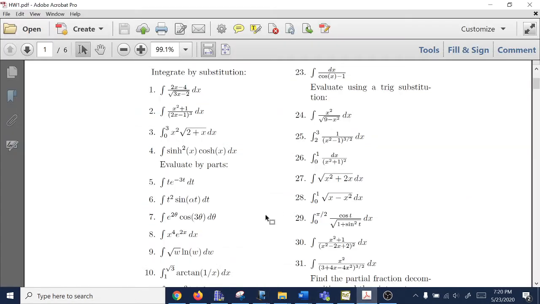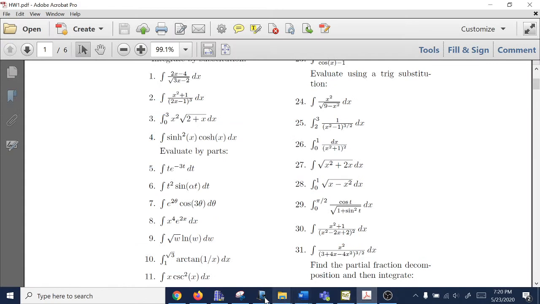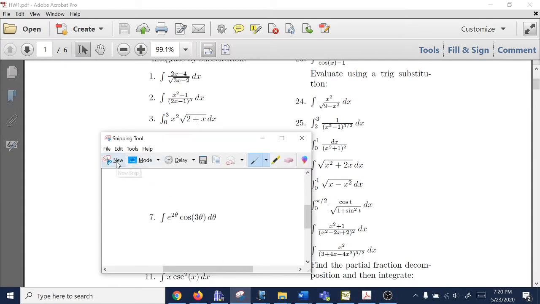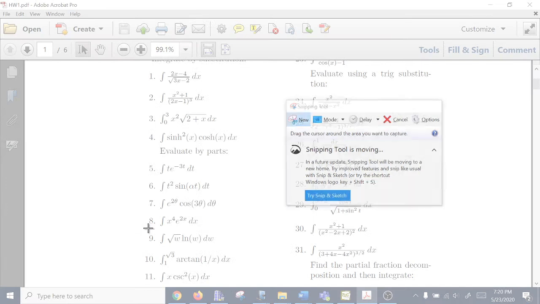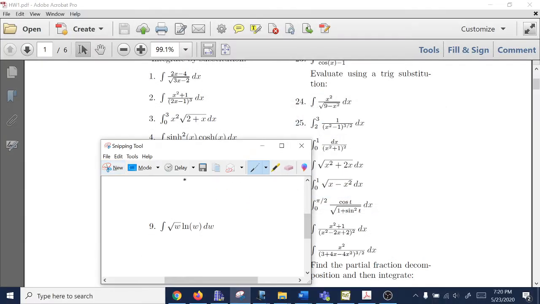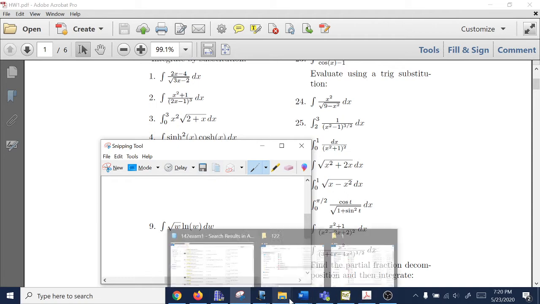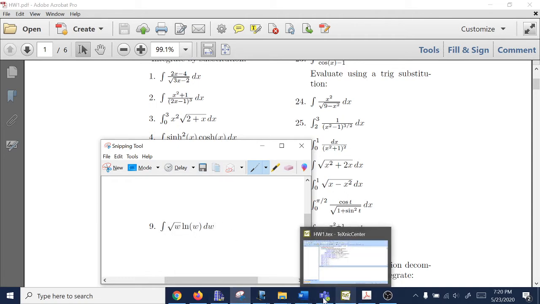Here's number 9. When you have a natural log, it loves to be the u in the parts.